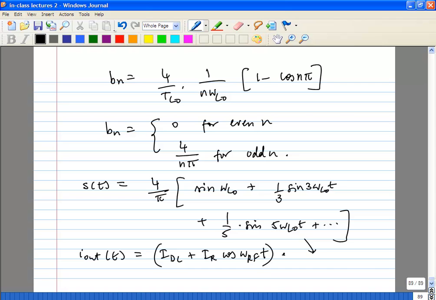So let's write three terms. One is IDC times each one of these. What does that give you? It will give you 4 IDC over pi sine omega LO t and then 1/3 sine 3 omega LO t and so on. Those represent the LO feed through terms.